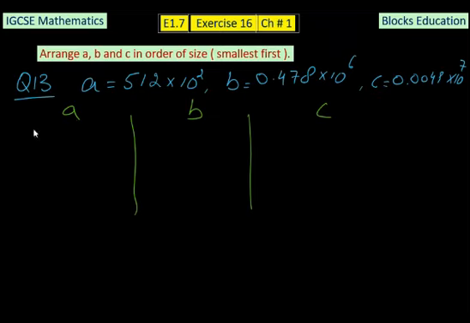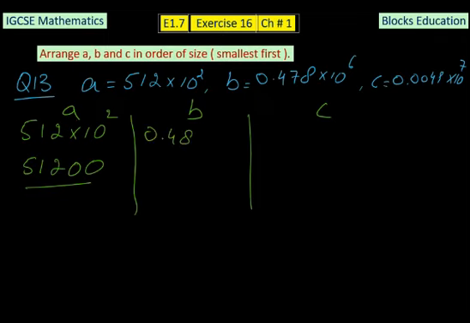A is 512 into 10 raised to power 2, right? Now 512 into 10 raised to power 2 means, simply speaking, 512 with two zeros, so this is the number we are talking about in A. In B, the number is 0.478 into 10 raised to power plus 6.